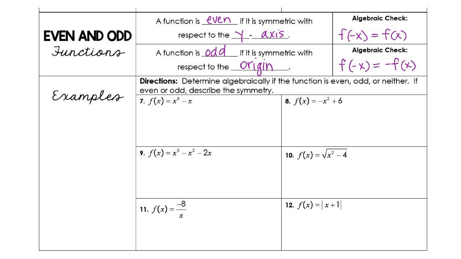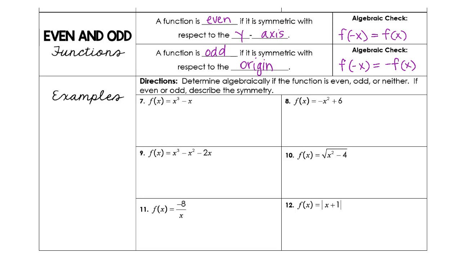So looking at the first one, we need to determine algebraically if the function is even, odd, or neither. If even or odd, then we tell what kind of symmetry it has. For the first one, we need to pick a test to start with.